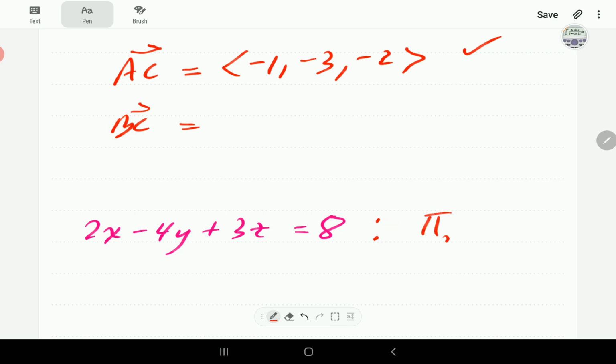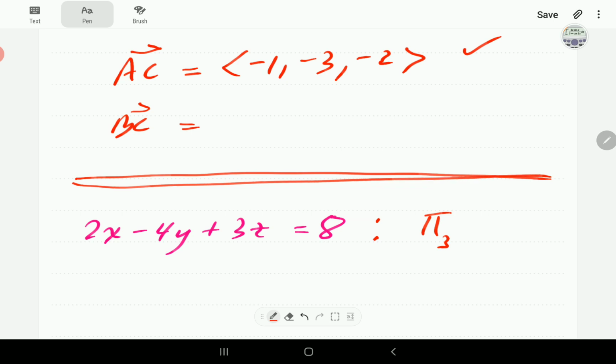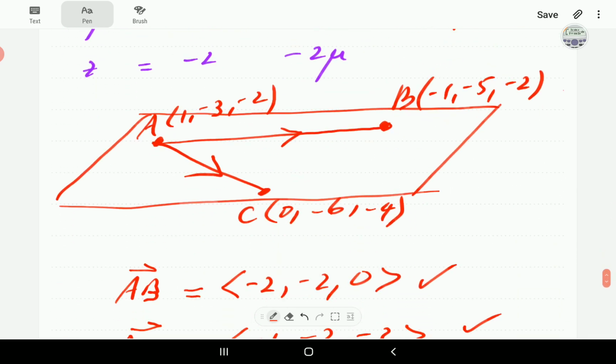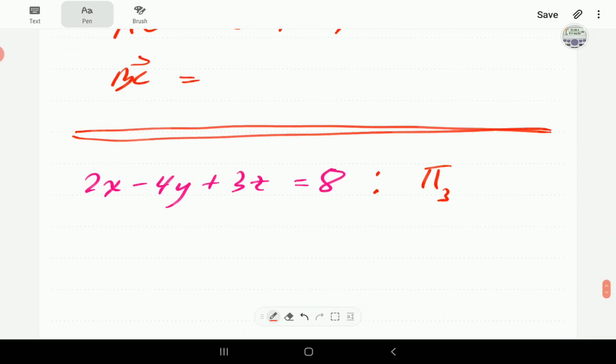Now the question is asking for the intercepts of this plane with the coordinate planes. Actually, the question is saying coordinate axes. That's fine as well.